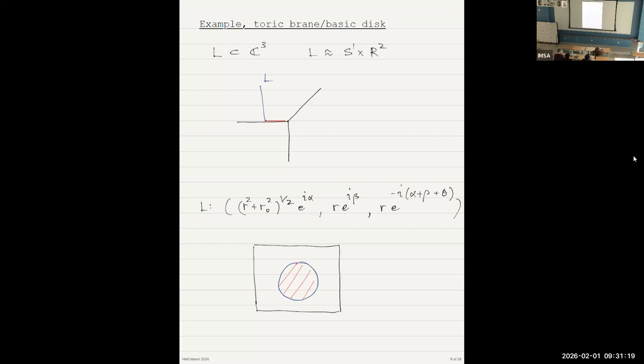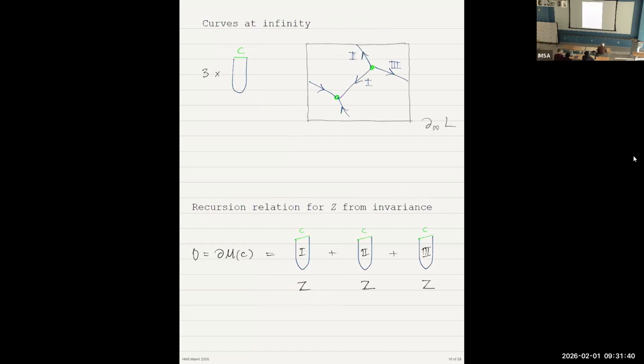But of course, in our count, we should not expect only this single disk, but all its multiple covers with branch points and whatnot, right? So now the goal is to try to understand what that contributes in the Skein. And of course, if you try to approach this directly, it's pretty hopeless, but we can use this curves at infinity trick again.